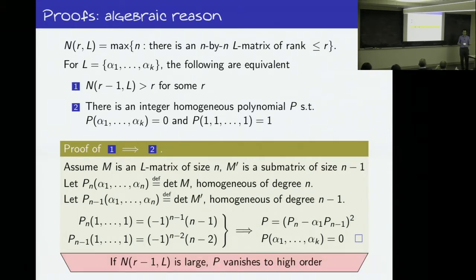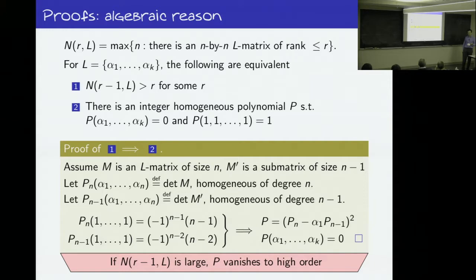And this is an easy fact, because if you think of a determinant as a polynomial in the entries of the matrix, the order of vanishing is the nullity of the matrix. It's again an easy thing to show. So if nullity is high, the polynomials constructed vanish to high order, and so of course the thing I cook up will also vanish at alpha to high order.